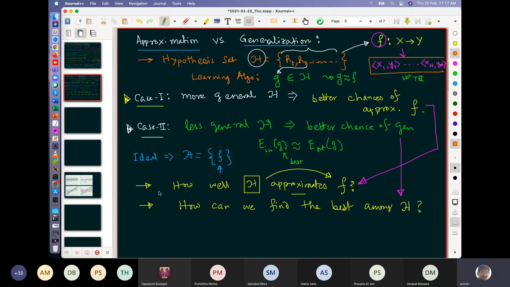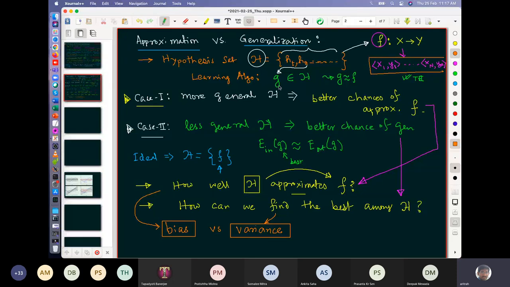Hence, the first thing we gradually see is bias, versus the second thing today we will discuss, called variance, and it's a trade-off between the bias and the variance that determines how well our learning can generalize.